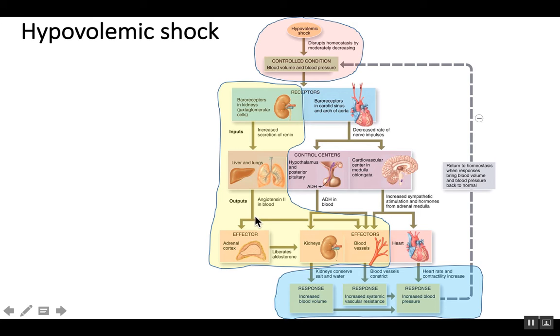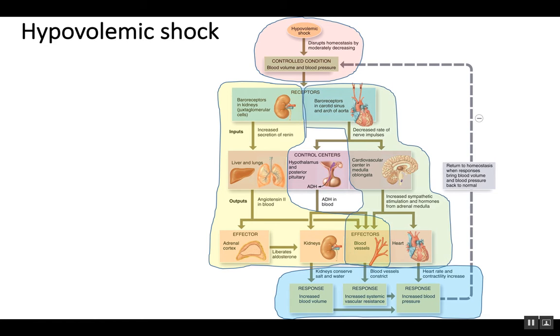Two, if we follow this arrow, angiotensin 2 is a vasoconstrictor. And that vasoconstriction is going to help increase vascular resistance, which increases blood pressure. So you'll notice this is just the renin-angiotensin-aldosterone system on the figure.